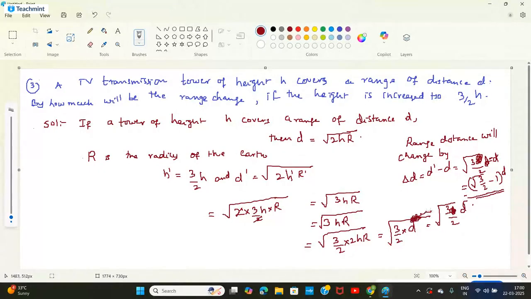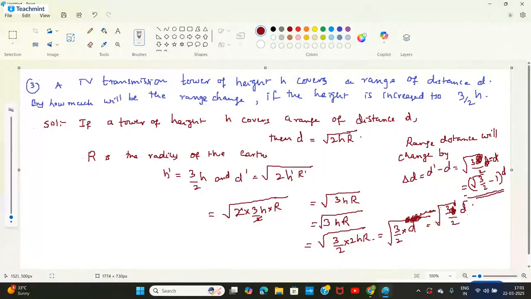This is given that root of 2hR means that is d only, that is root of 3 by 2 into d, root of 3 by 2 only, the root is there, into d. So root of 3 by 2 into d minus d means root of 3 by 2 minus 1 into d. So the answer is, this is the answer.